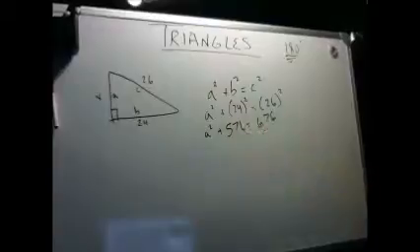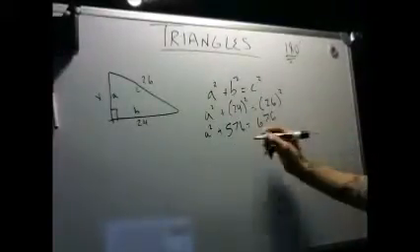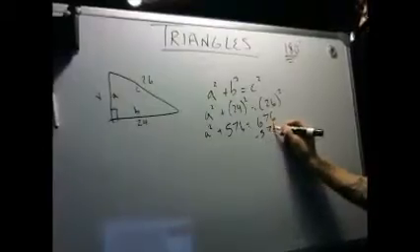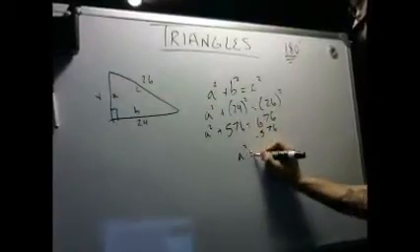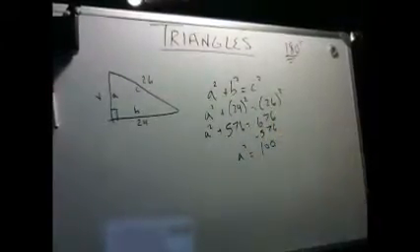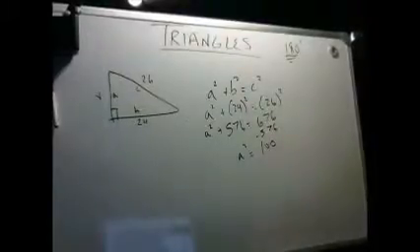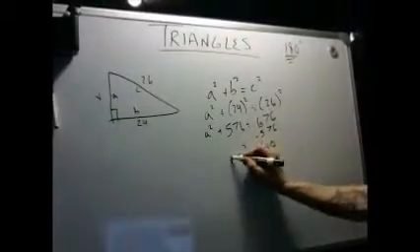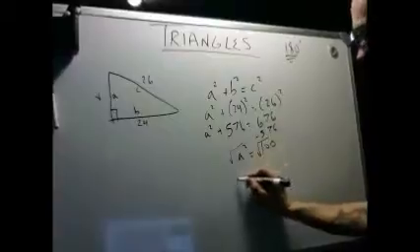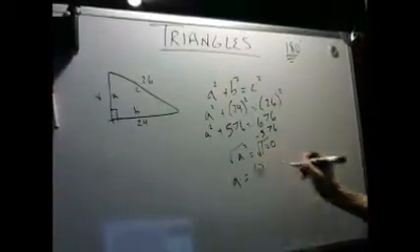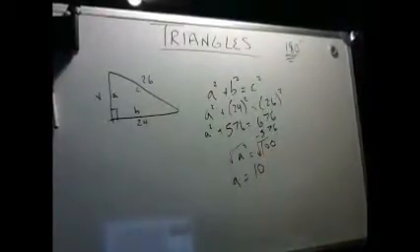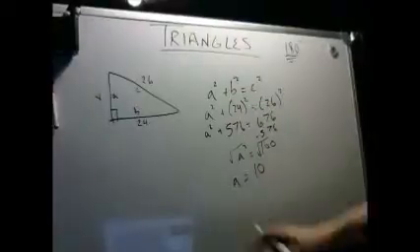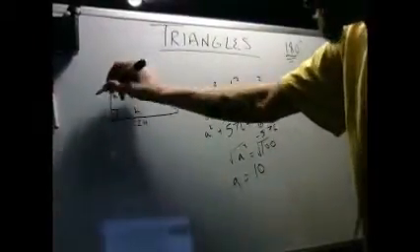And now we can subtract 576 from 676, and that gives us a squared is equal to 100. And now to get rid of the square, we take the square root of each side, which gives us a is equal to 10. And so in that manner we solved that the value for x here is equal to 10.